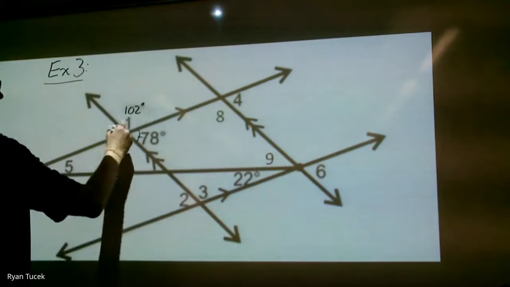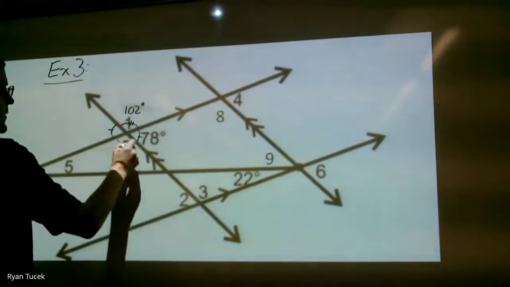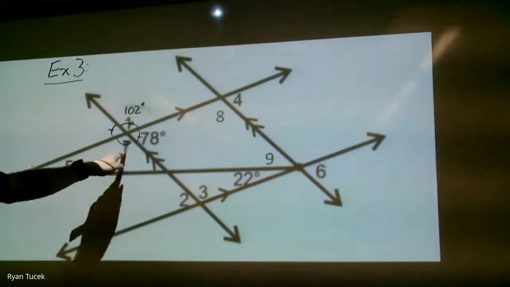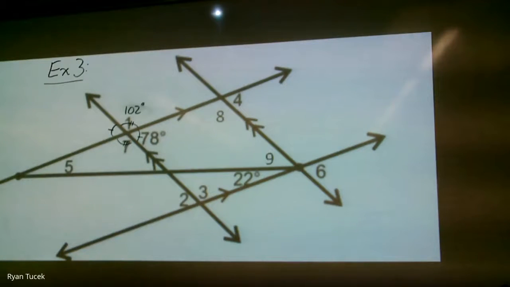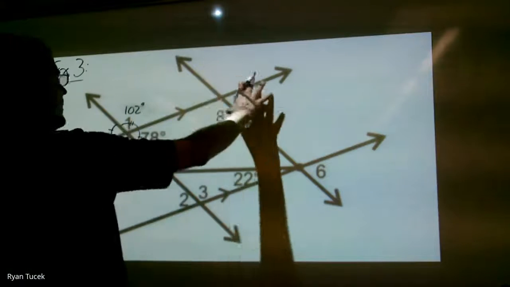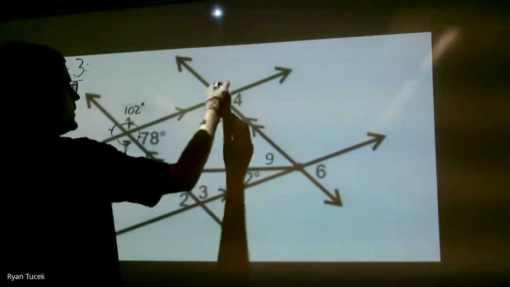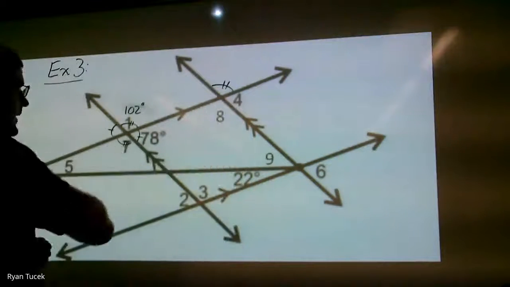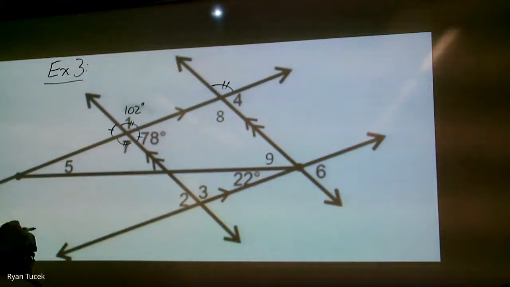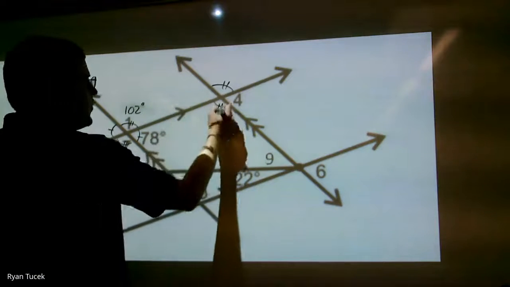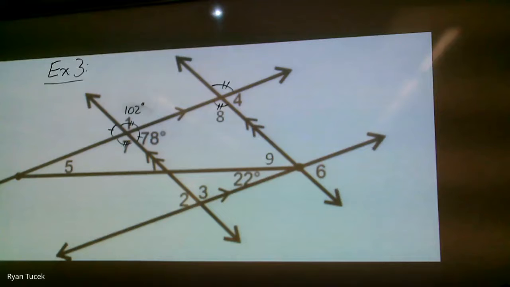And that means that this angle, 102, must also be angle 7. That's also 102. All right, where do we go from here? I'm going to stay up in this region because I know that I see corresponding angles right there. So that's 102 as well, which makes 8 102 as well.